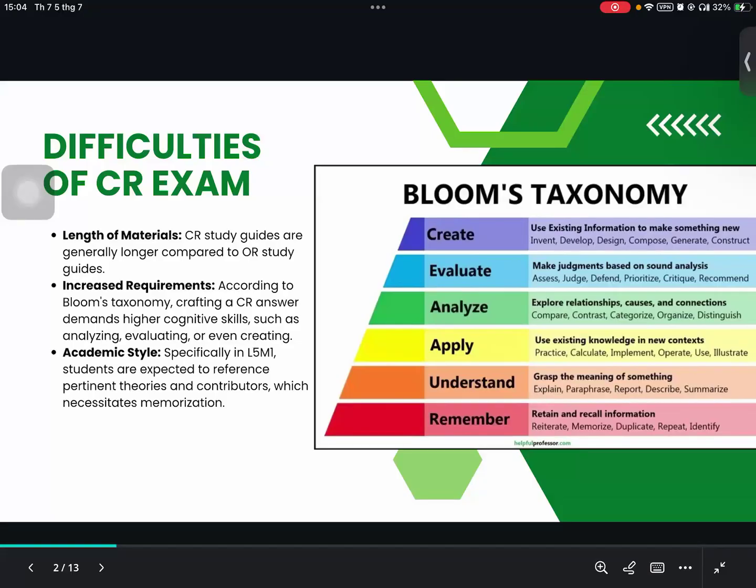They just require you to apply what you already know to the context and scenario and ask you to select the best option. But with CR, you need to analyze the matter. You need to evaluate it and you need to craft, to be creative, a new method or an answer or an aspect. And although CIPS doesn't express that explicitly, of course, you need to make your answer coherent and address the right question.